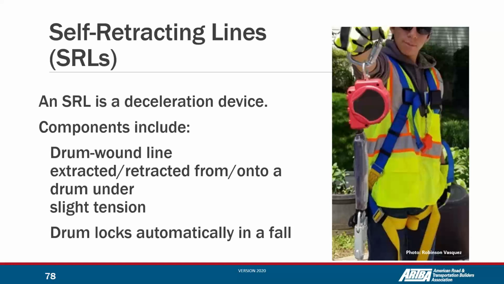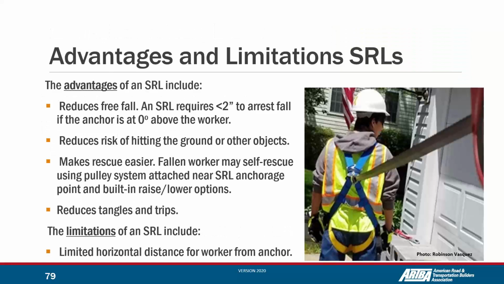The drum locks automatically in a fall. As we watch in the videos, it is very interesting because it provides a lot of mobility, so the worker can move easily from side to side. Some advantages of this device are that it reduces free fall and also reduces the risk of hitting the ground or other objects.